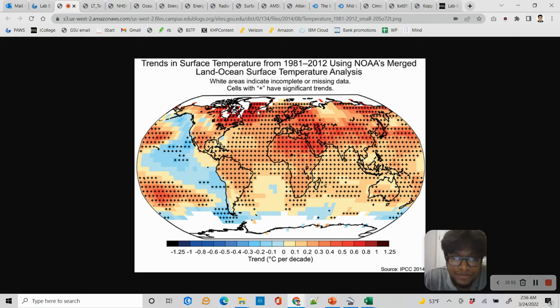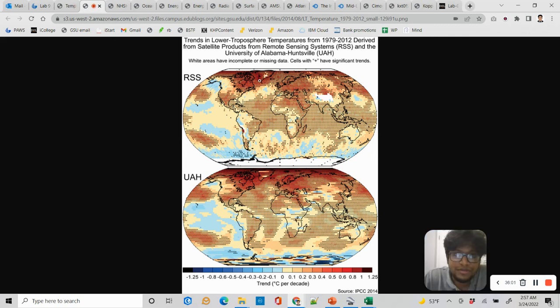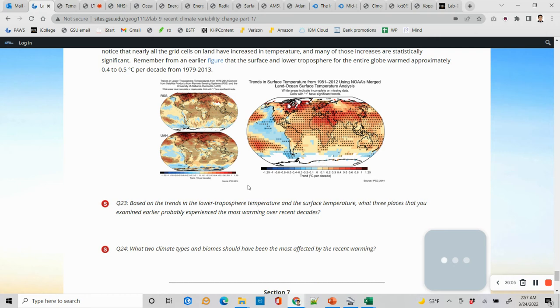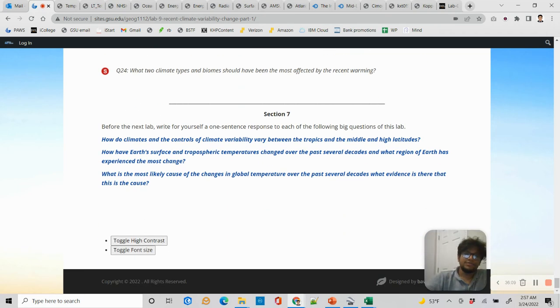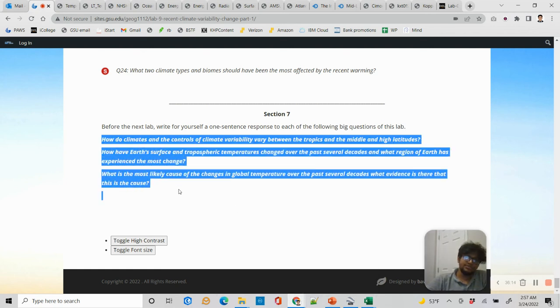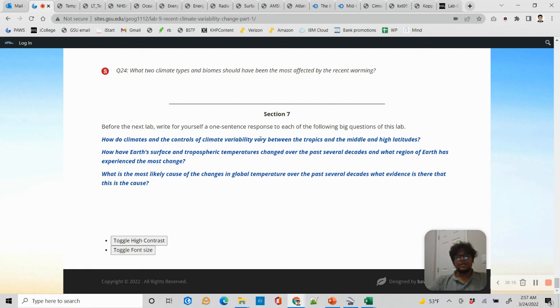So identify this part of the world, this part of the world here as well, and this part of the world here as well. Just answer the question based on this reddish trend, questions 23 and 24. Then after you finish all of those things, you will be able to answer these three research questions. So that's pretty much what this lab is about.